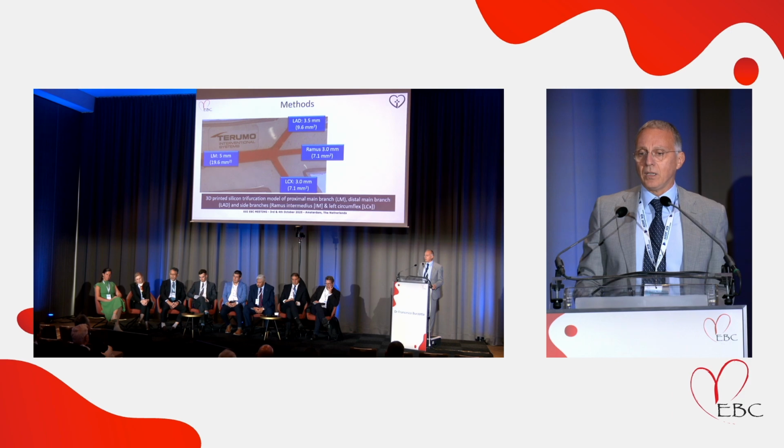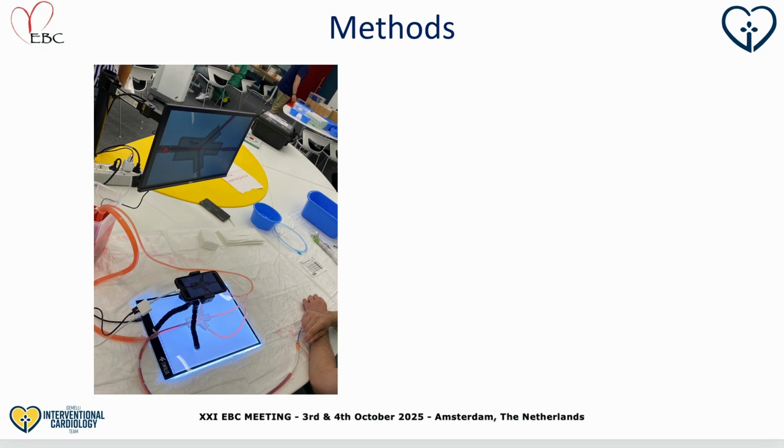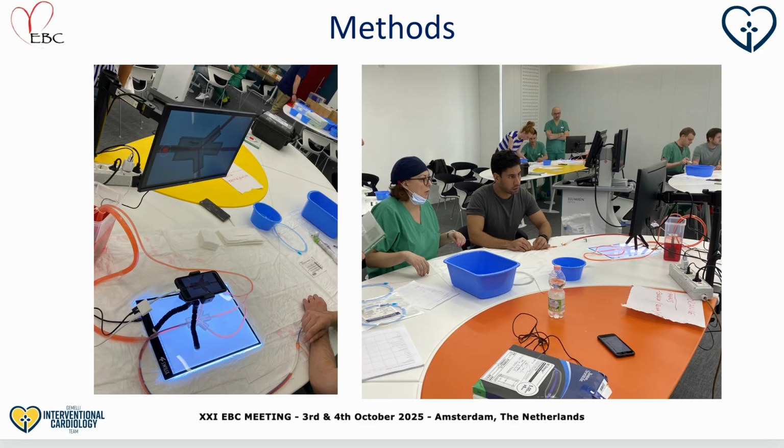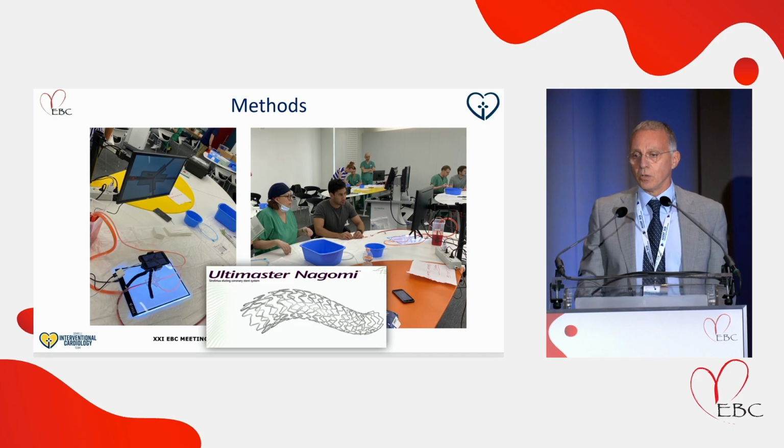So this 3D printed silicon trifurcation model has been used, and this is the environment where we performed the PCI inside the Gemelli Training Center, where we have been able to host the two teams from Graz and Rome. And the stent that has been tested is the Ultimaster Nagomi.